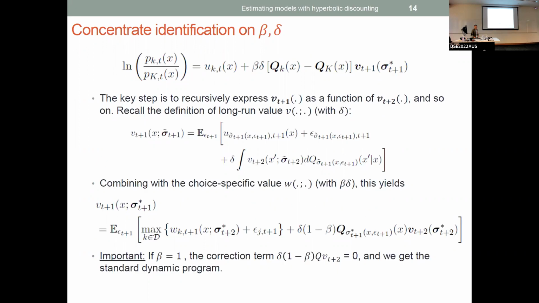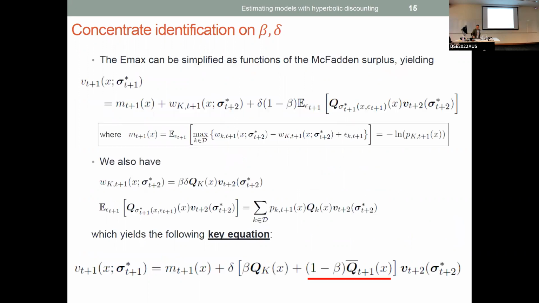We still have this thing here, which needs to be simplified, and this is essentially just a function of the surplus, which is written here as m t plus 1. M t plus 1 is just the Emax, which, as I mentioned before, can be computed from pure features of the data. So we get this surplus plus the choice-specific value at the reference choice big K, plus the correction term.